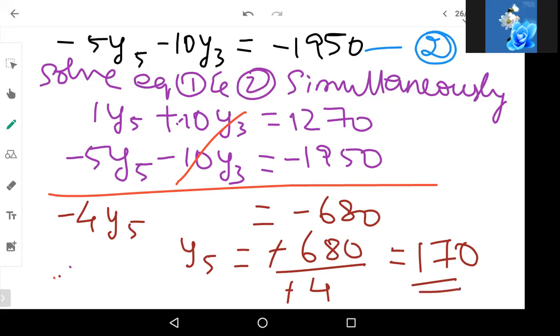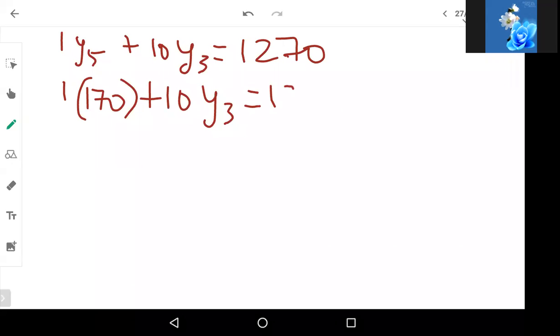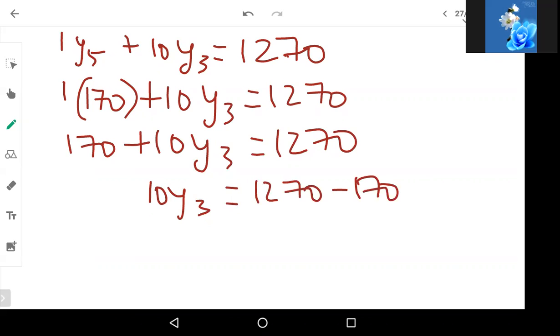170. Now substitute this y5 in one of the equation. So 1y5 plus 10y3 is equal to 1270. So 1 into 170 plus 10y3 is equal to 1270. So 10y3 will be 1100.